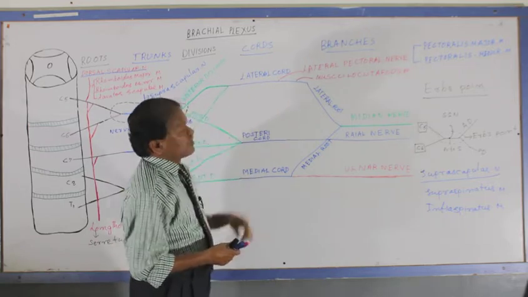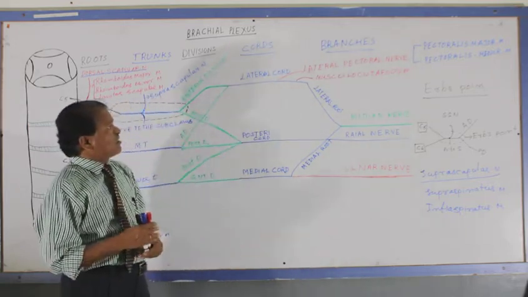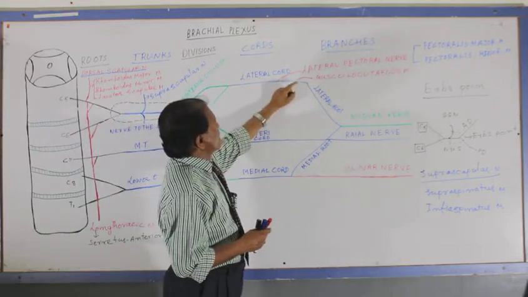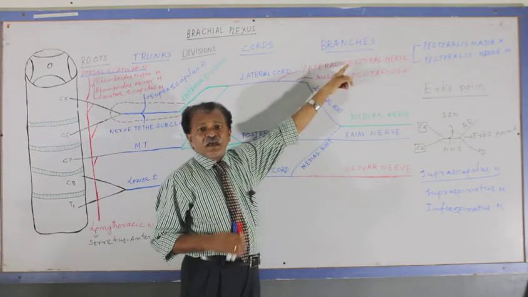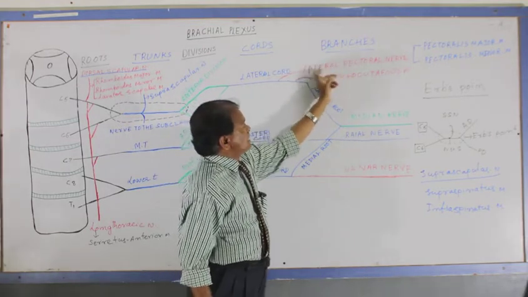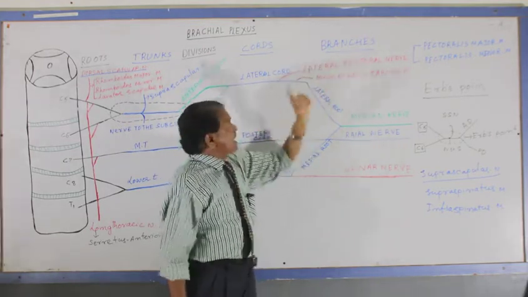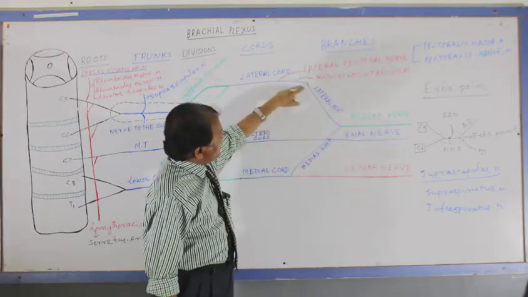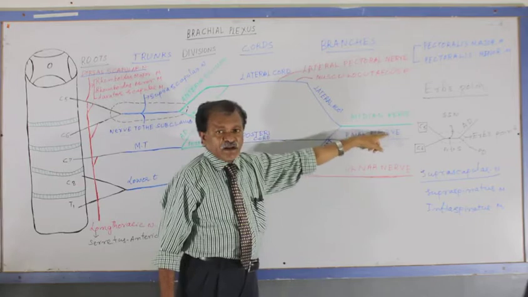the lateral cord. The branches of the lateral cord are already written here: the lateral pectoral nerve, the musculocutaneous nerve, and the lateral root of the median nerve.